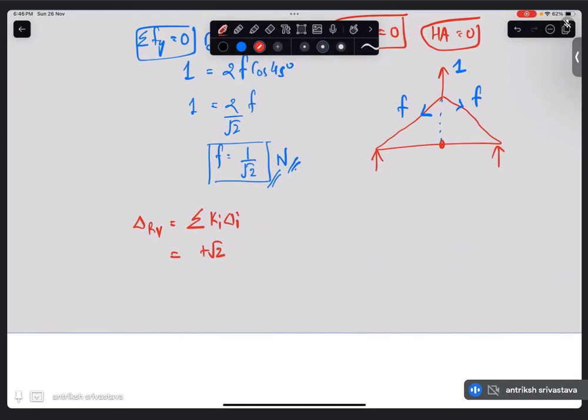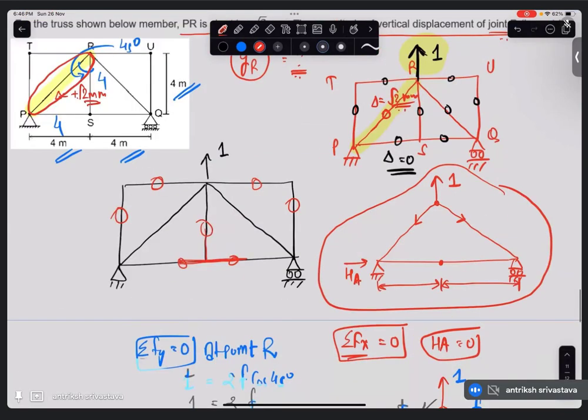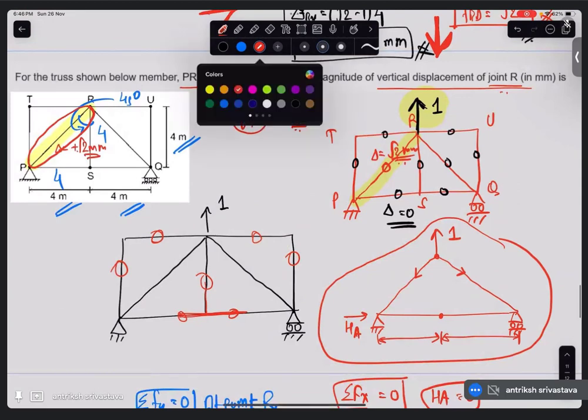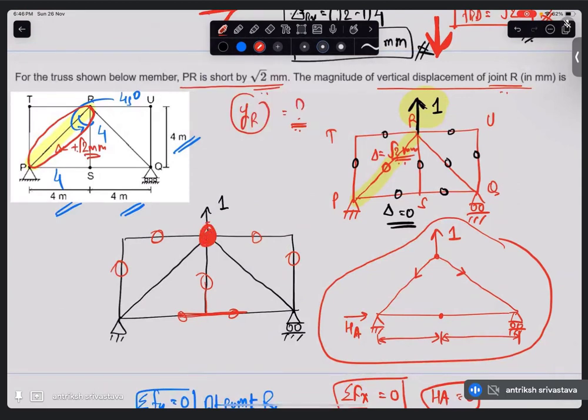And only one k_i we needed to calculate, that we have calculated as 1 by root 2. So what is the magnitude? It is 1 mm. Alright, so the vertical movement of this particular joint R is going to be 1 mm.